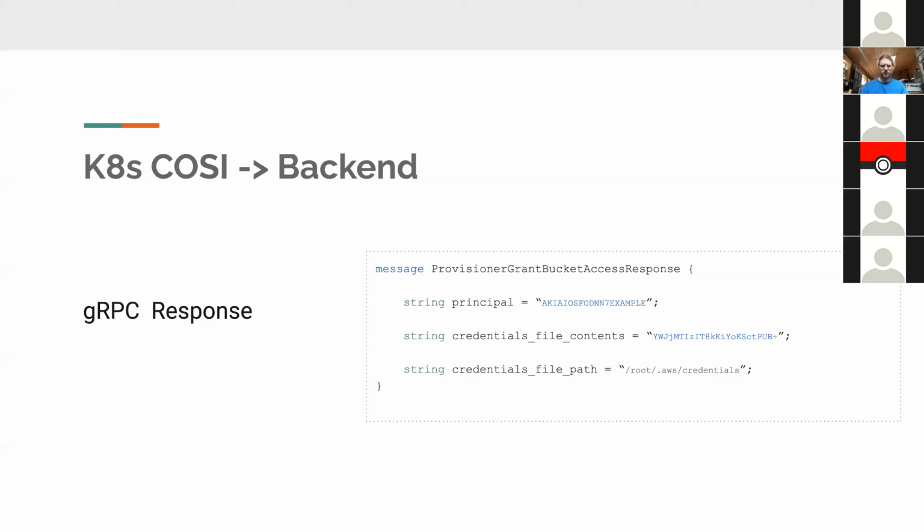Maybe just the credentials file name may be needed. However, even that is not needed. Somehow someone needs to communicate the name of the file, and like you said, it might make more sense for the workload to define that, because that's the one that's going to consume it. The credentials file path is there today just to facilitate that. It doesn't have to be in this gRPC response. It just has to be presented to the system somehow.